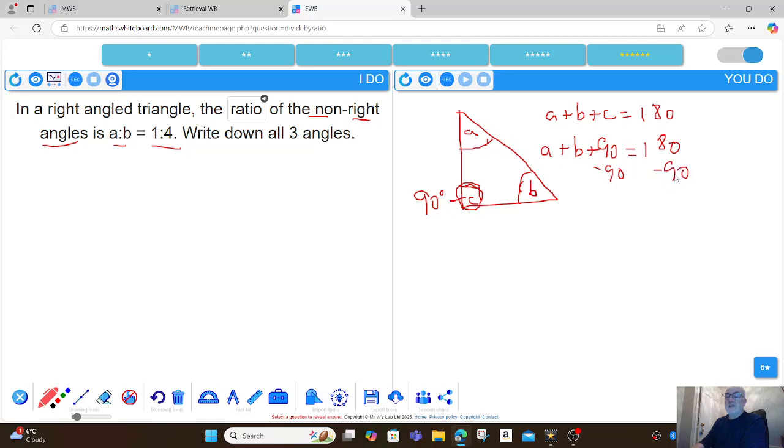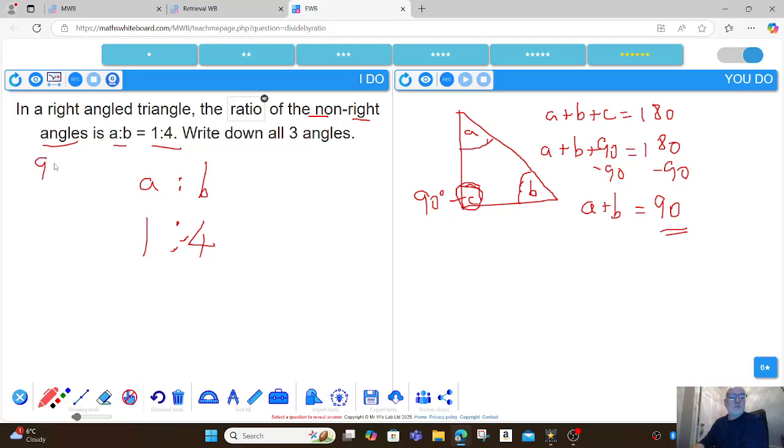I can take away the 90 degrees, so I know that A plus B has to equal 90 degrees. Now, if we go back to A ratio B, A is 1 part, B is 4 parts, and we know that the total is 90 degrees.